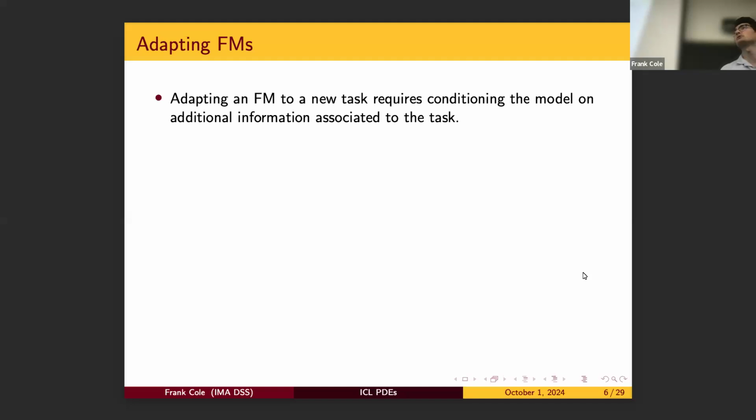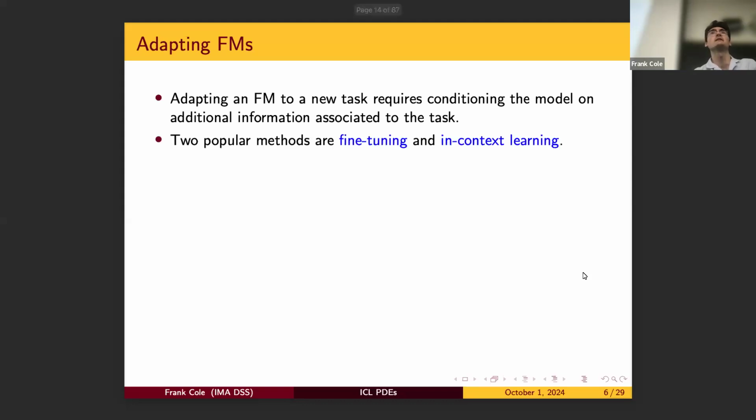So if you have a pre-trained foundation model and you want to use it to solve some downstream task at test time, then you have to give it some information associated to the new task. And there are various ways of doing this, two popular methods being either fine-tuning or in-context learning.